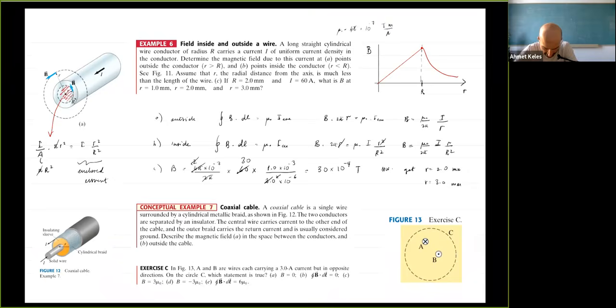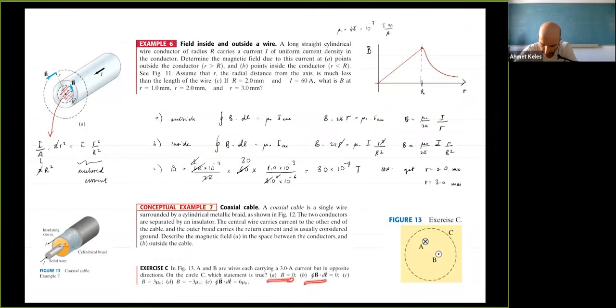So here's an exercise. In figure 13, A and B are wires, each carrying a 3 ampere current, but in opposite directions. The question is, on the circle C, there are currents in opposite directions. This one's out of the page, this is into the page, and there's a curve like this. Which statement is true? A, B is equal to 0.